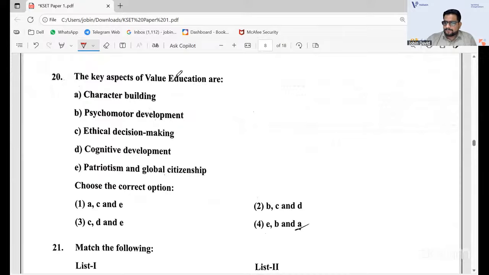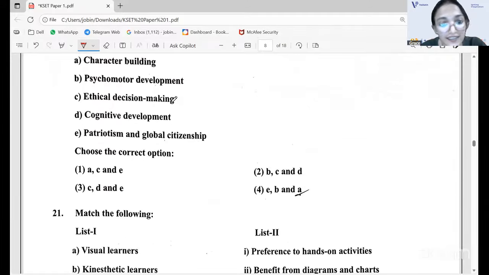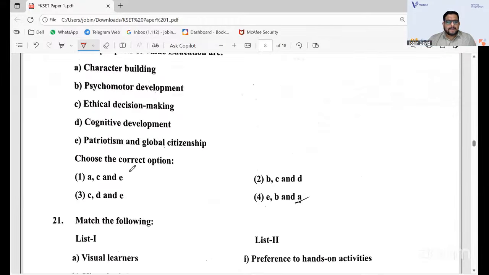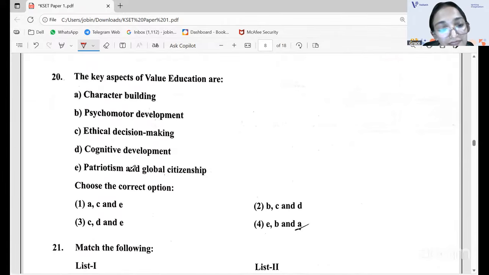This is higher education, where the key aspects of value education are character building, psychomotor development, ethical decision making, cognitive development, patriotism, and global citizenship. I'll quickly go through it. The key aspects of value education: when you hear the word value, you can easily associate it with certain terms, right?